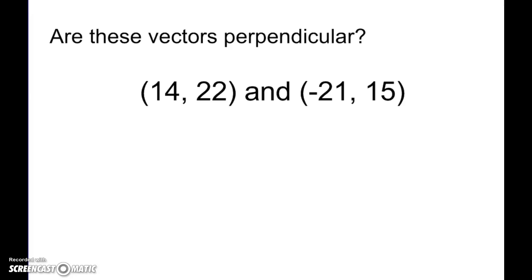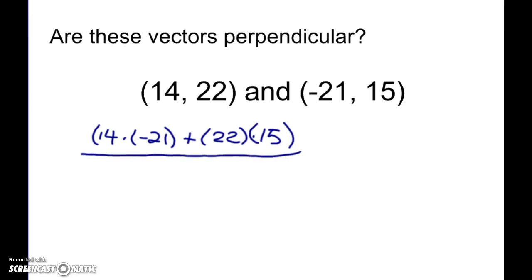So 14 times negative 21 plus 22 times 15, over the square root of, good, squared plus 15 squared.